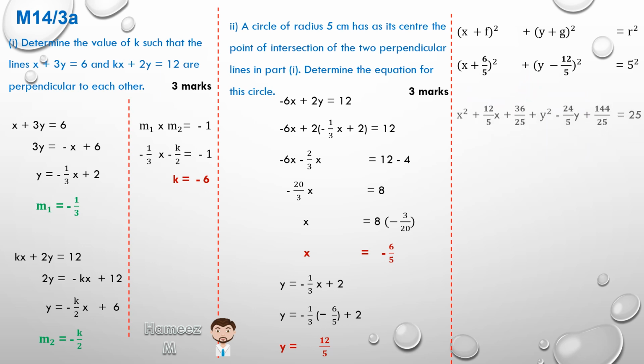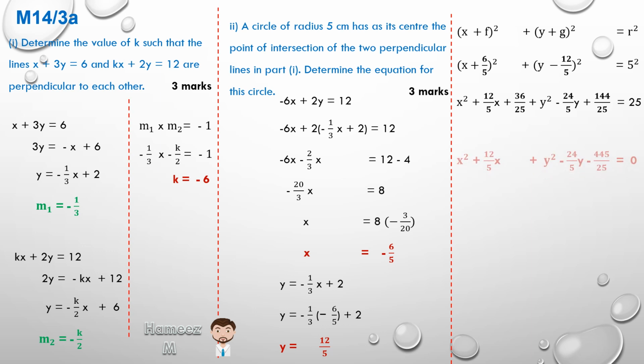So you're going to get x squared plus 12/5x plus 36/25 plus y squared minus 24/5y plus 144/25 is equal to 25. So we can carry everything across to make it equal to 0. So it's going to give us x squared plus 12/5x plus y squared minus 24/5y minus 445/25 equal to 0.